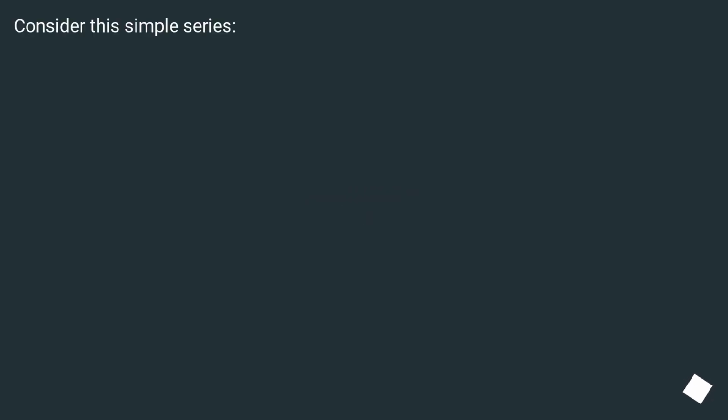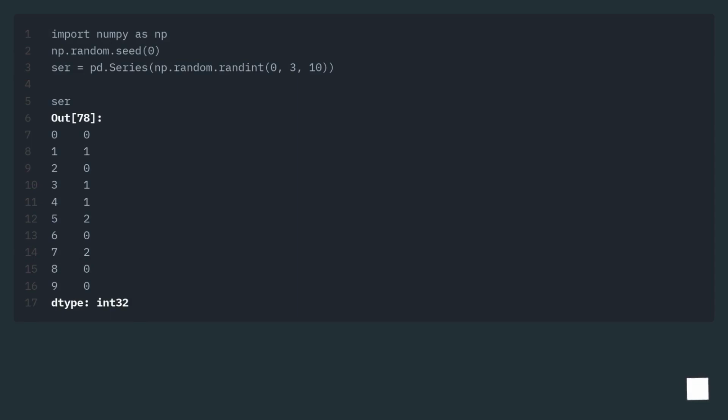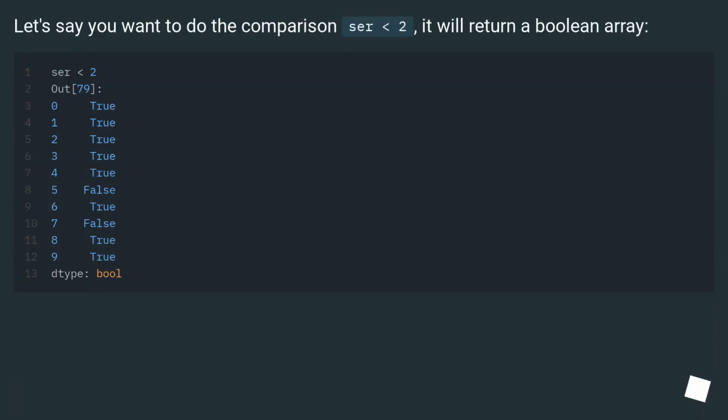Consider this simple series. Let's say you want to do the comparison series < 2, it will return a Boolean array.